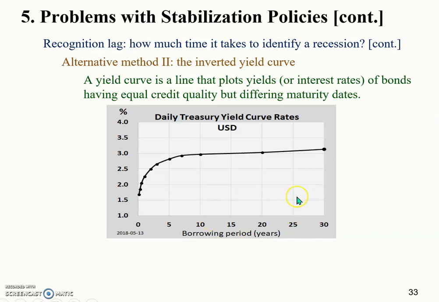Now, another financial principle here is how we figure out the interest rate. The interest rate means how much you get paid every year. The longer the maturity date, the higher the interest rate should be. How so?